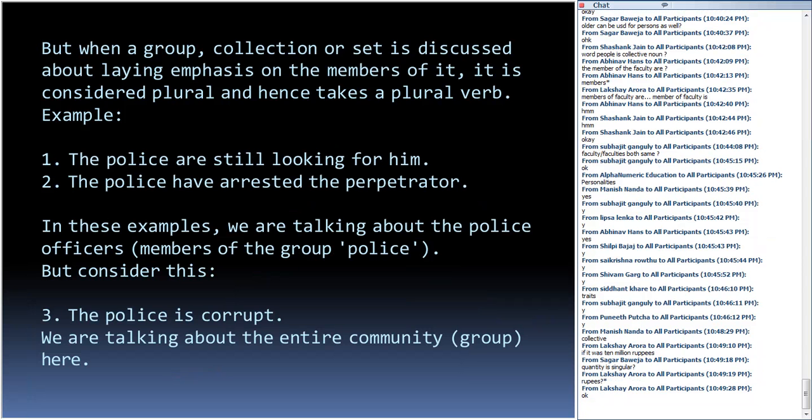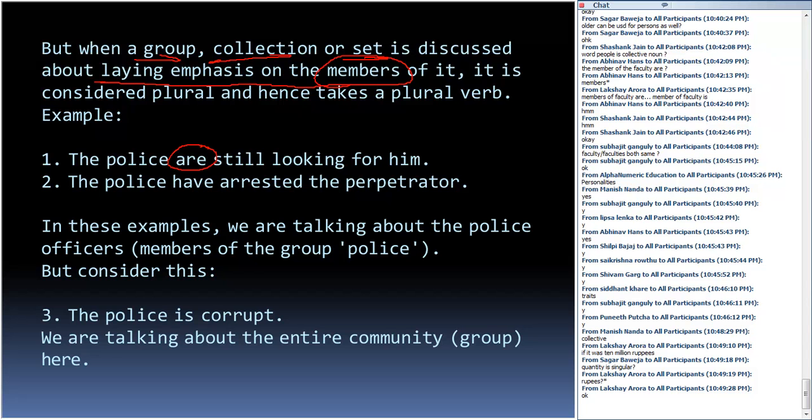But when a group, when a collection, or when a set is discussed, and the intention is to lay emphasis on not the group per se, but on its members, in that case it is considered to be plural, and hence it takes a plural verb. So there are situations in which collective nouns can take plural verbs. Please remember. For example, if I say the police are still looking for him, there is nothing wrong.